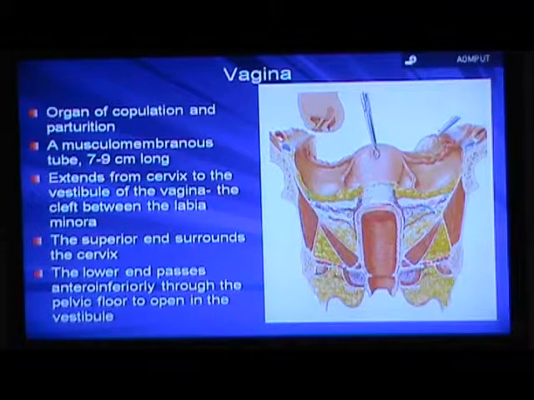The superior end of the vagina surrounds the cervix of the uterus. The lower end of the vagina passes antero-inferiorly through the pelvic floor to open into the vestibule of the vagina.